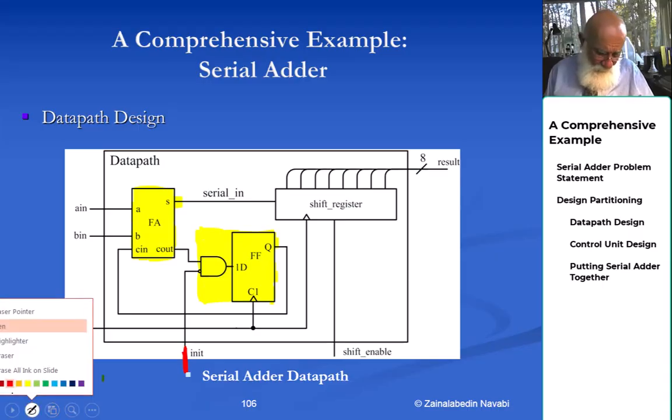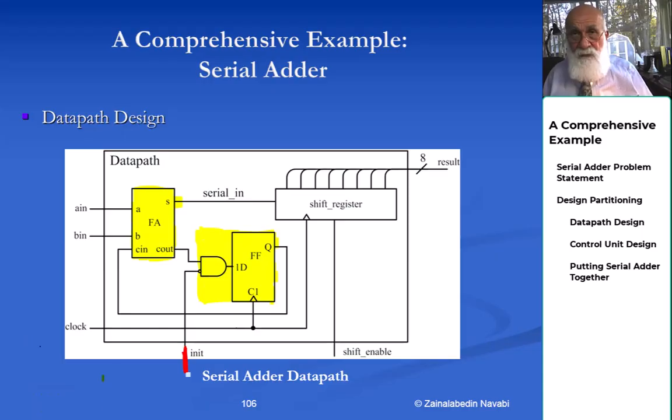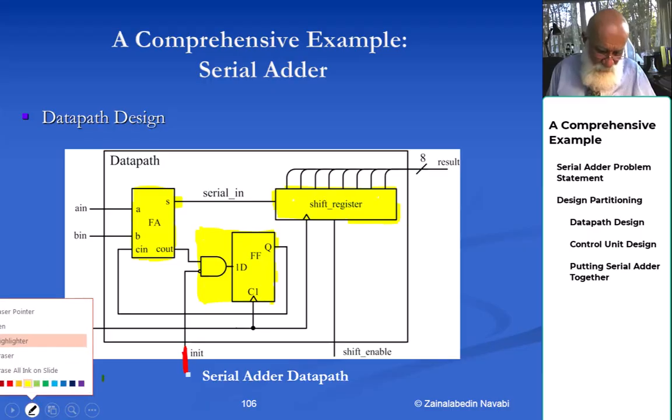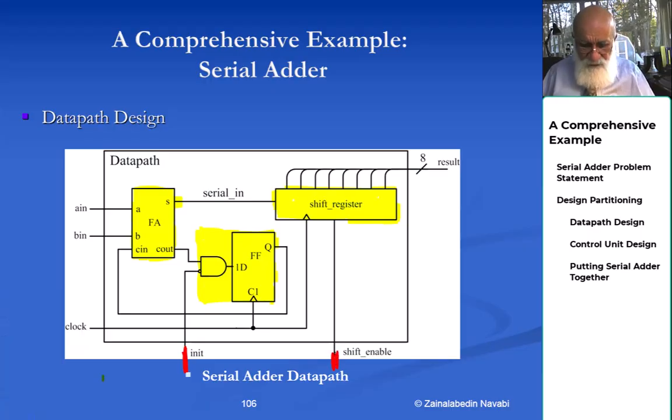Another data path component is this shift register. Does this shift register shift all the time? Well, it does take the serial input from the adder. But then it doesn't shift all the time. It only shifts when my controller tells it to shift through use of this signal. What did I say about data path design? I said decide on your components. These are these yellow components.